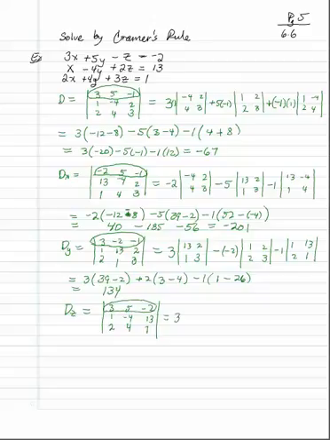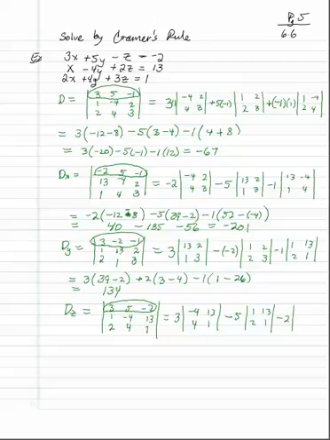So I got 3 times the minor, which is negative 4, 4, 13, 1, again crossing out row 1, column 1. Minus 5 times the minor, 1, 2, 13, 1.